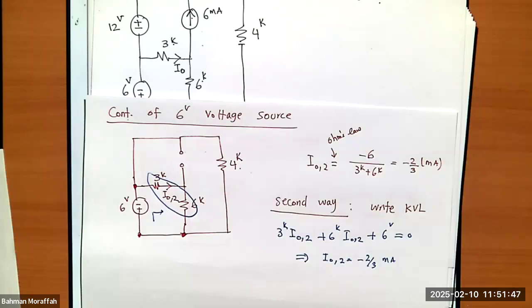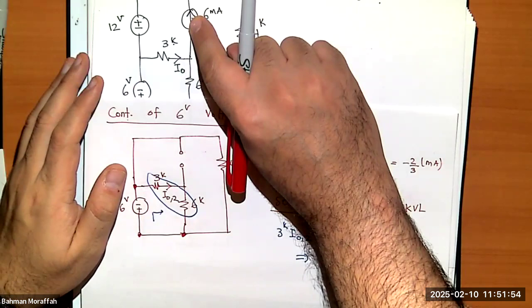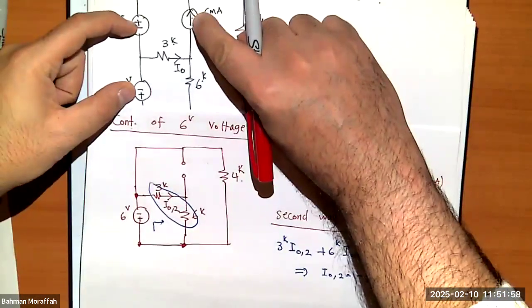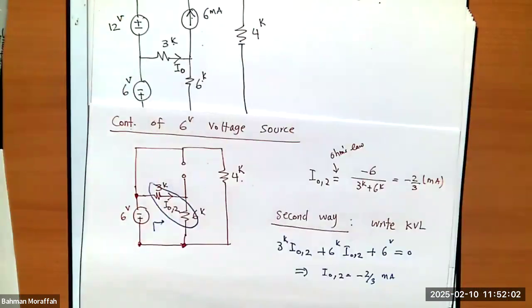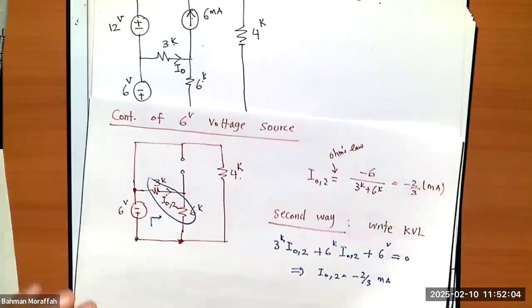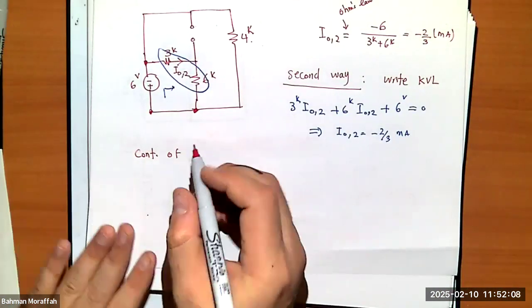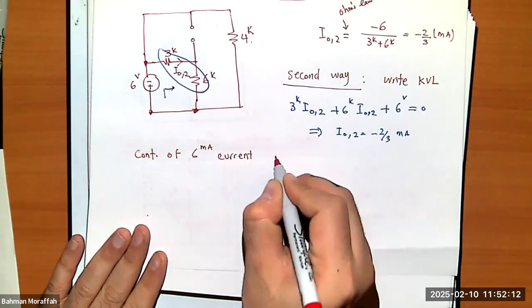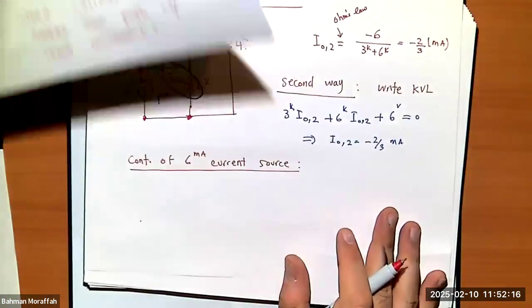All right, so let's just find the contribution of the third source that we have. So we have to find the contribution of this. What's going on? I have to keep this. I have to get rid of these, right? Getting rid of these two means I have to just short them out. So the contribution of the 6 milliamps current source, my circuit would look like this.